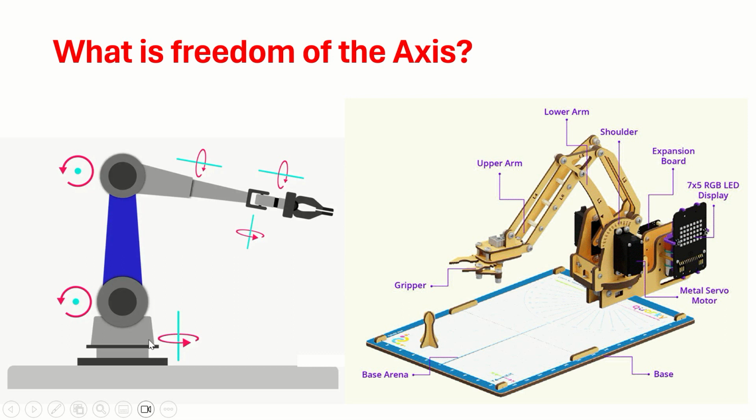For example, take one hand. In one hand you have the wrist, the ankle, the shoulder, the fingers. Similarly, in a machine you would like to have a horizontal rotation here. Then another vertical rotation here where you can bend forward and backward.